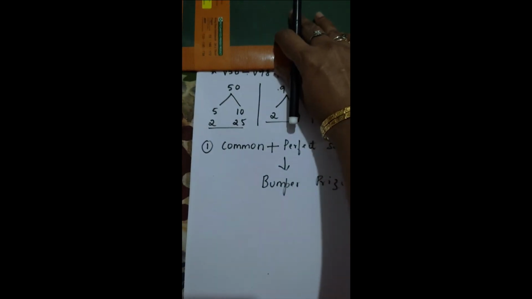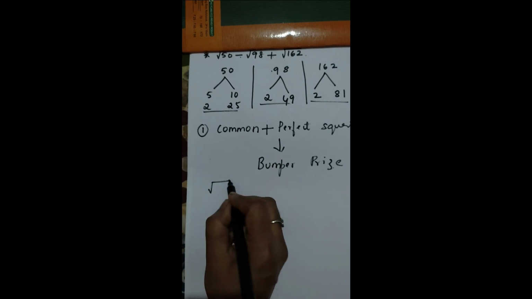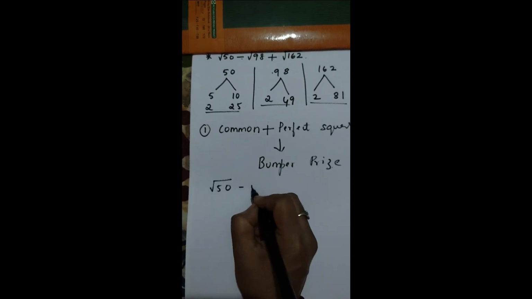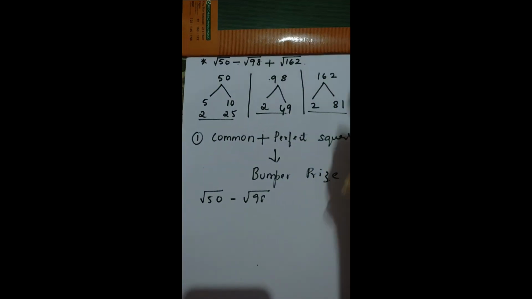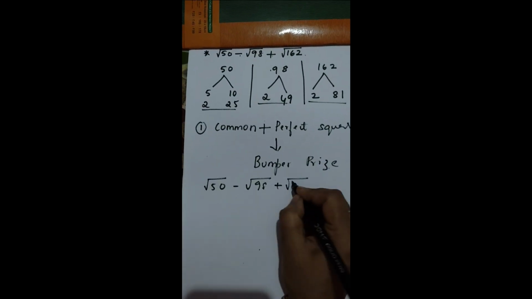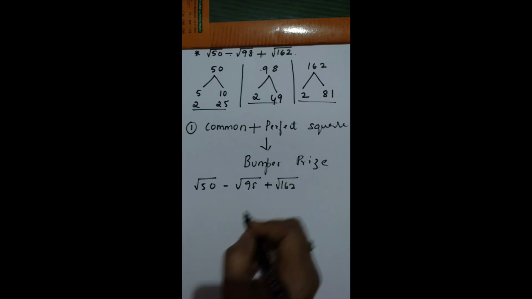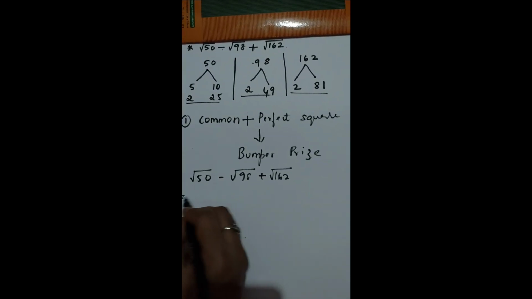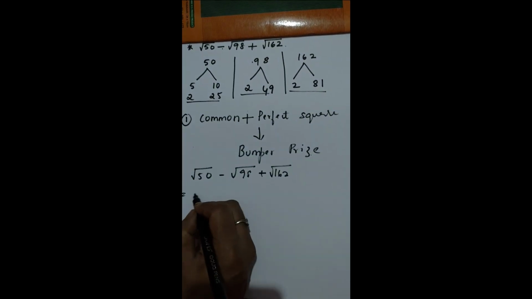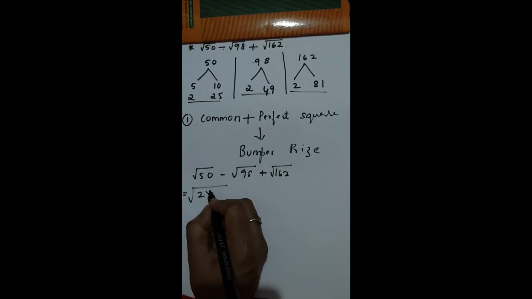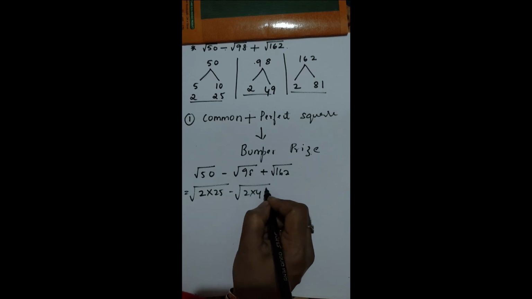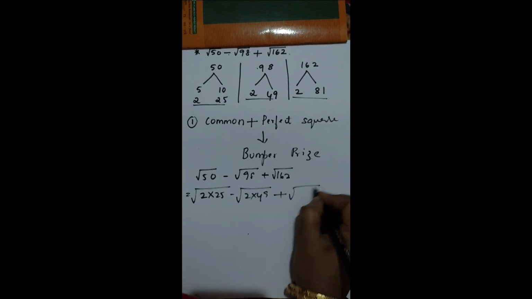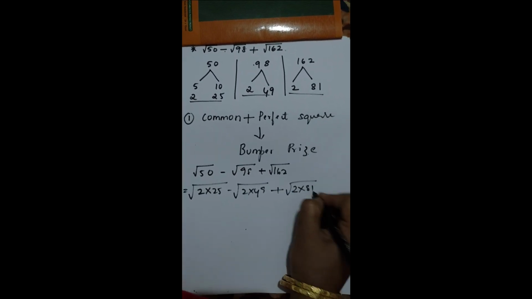Now replace the values. Where you have root 50 minus root 98 plus root 162, replace: root 2 into 25 minus root 2 into 49 plus root 2 into 81.